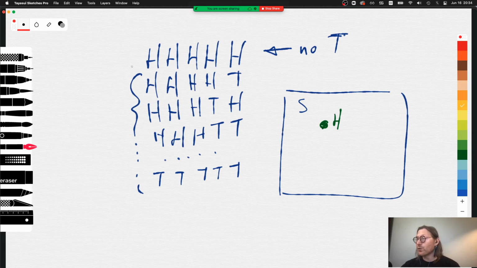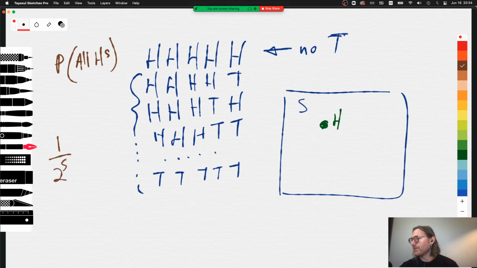And so the probability of all heads is going to be exemplified by 1 over, in this case, 2 to the 5th. So 1 over 2 to the 5th plus 2 to the 5th minus 1 over 2 to the 5th.